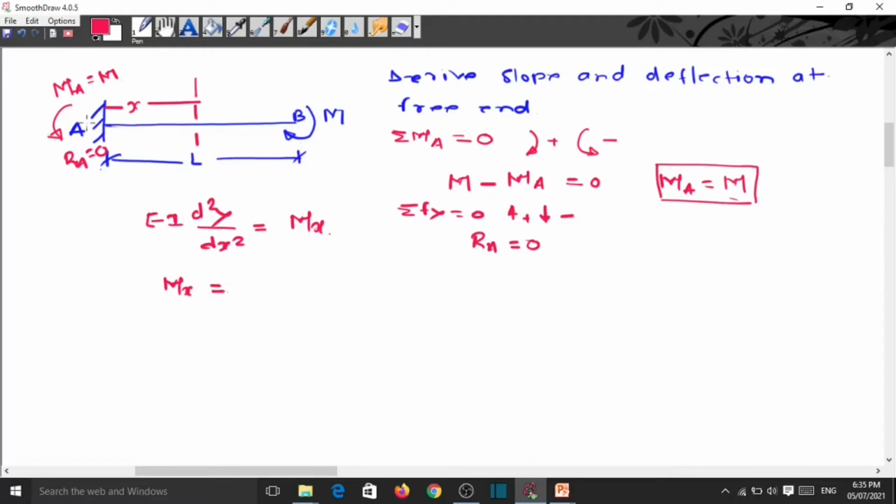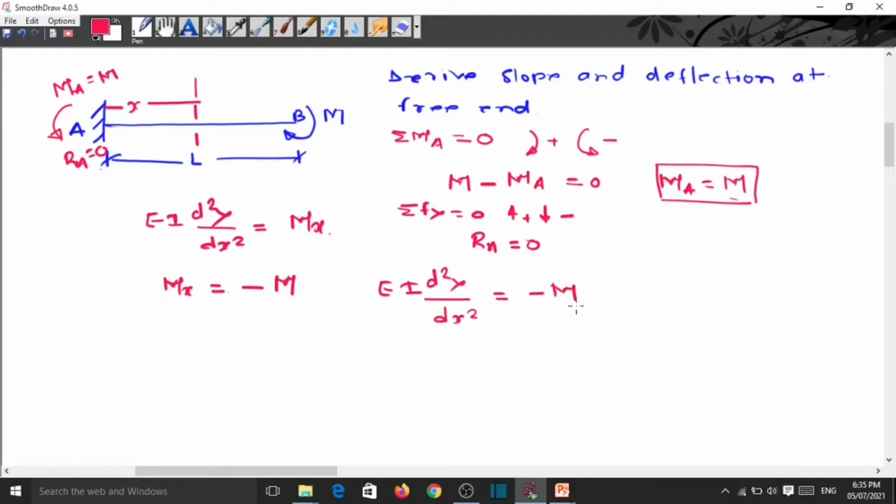This MA creates a hogging bending moment, so that is a minus, and MA is equal to M. So write here the M. Now put this into our equation. So this becomes EI d2y by dx square is equal to minus M.